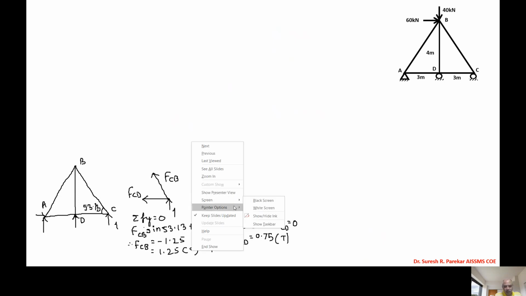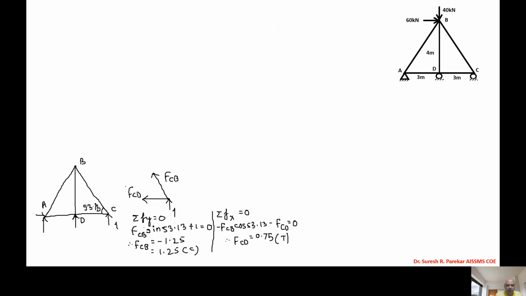And then we have to show these values in the truss, that is the most important one. So we have this as compression 1.25, and this as tension 0.75. Now if we consider joint D, then we should have this the same, 0.75.